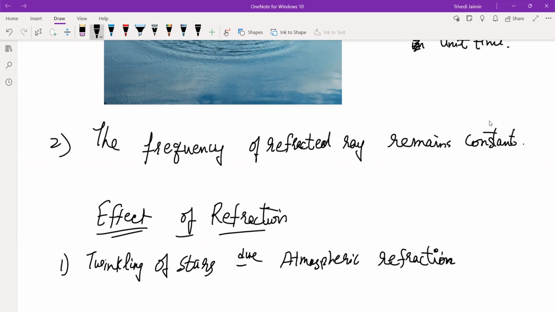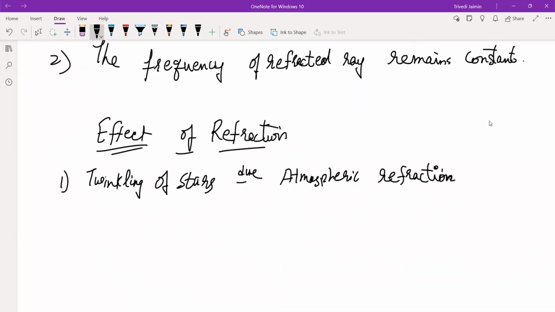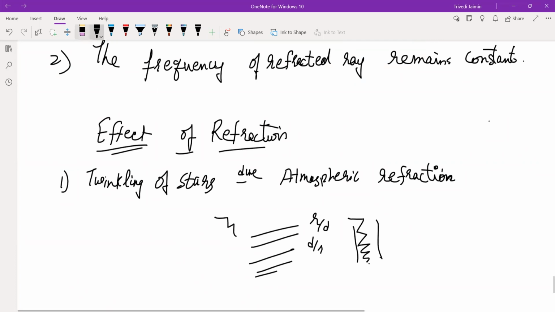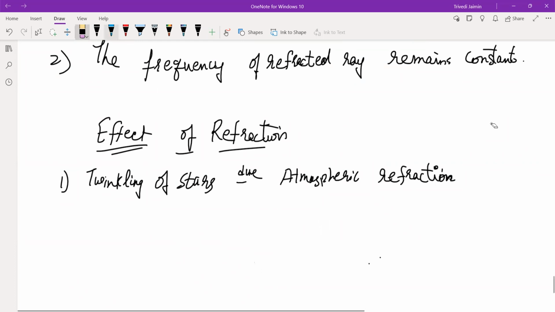So light from stars, when it reaches us, is refracted many times because in the atmosphere we have so many mediums. So it might go from rarer to denser or denser to rarer multiple times. That's why it's sometimes visible here, sometimes visible here. It's like a blink every second. That makes the star twinkle. It's not actually twinkling. Due to our atmosphere, this is happening.